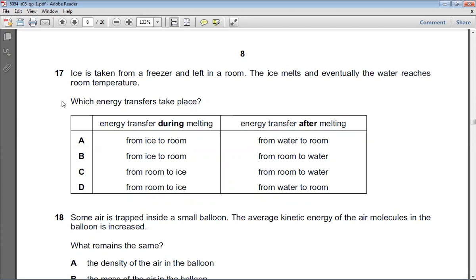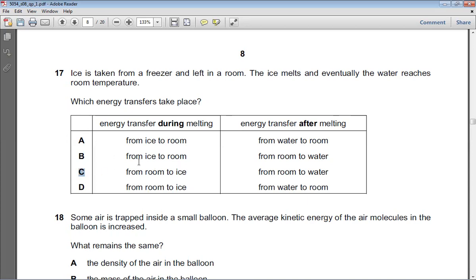And energy transfer after melting: the water will still be very cold, and we believe that the temperature of the room will be higher, so it will still be from room to water. So first it will be from room to ice, then from room to water.